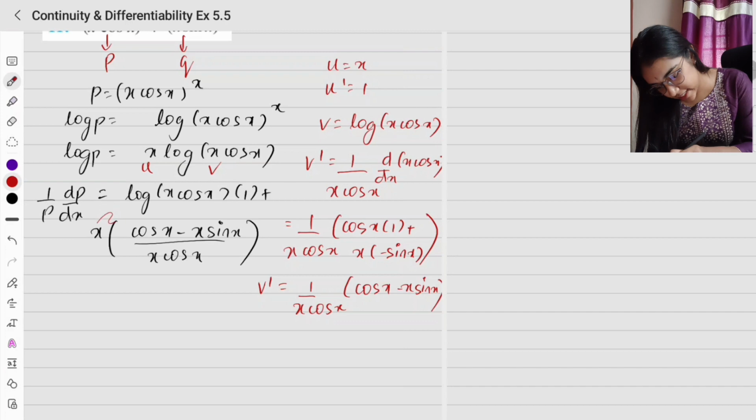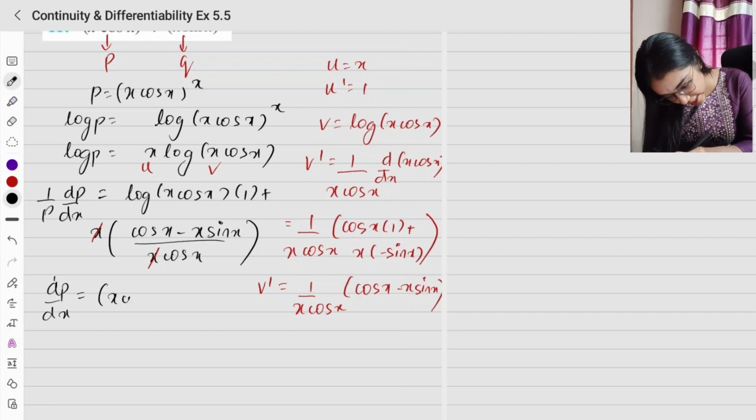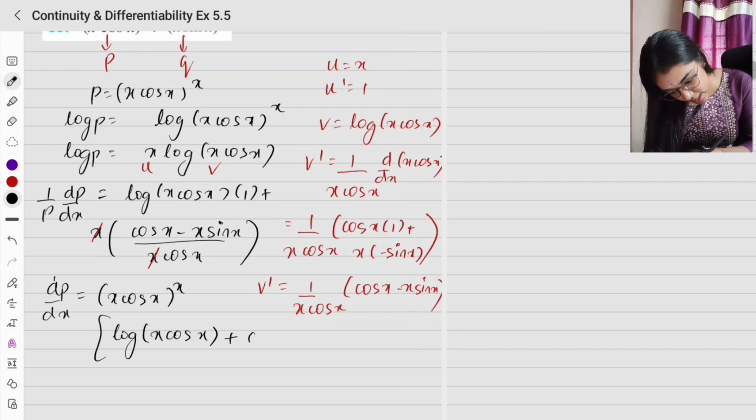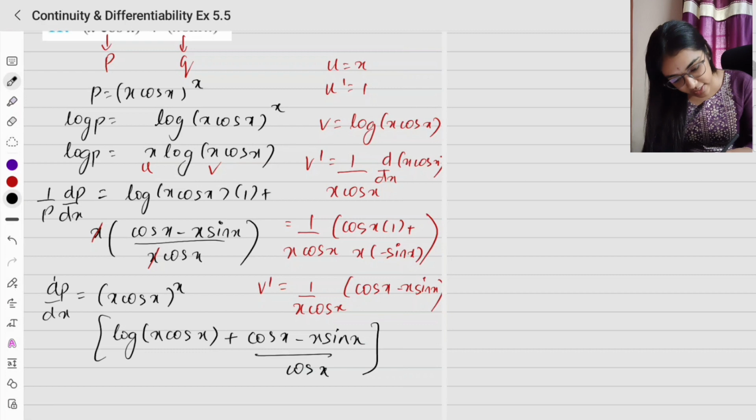So the x and the x get cancelled. So what is my dp by dx? Equals p, which is x cos x to the power x, times log of x cos x plus cos x minus x sin x divided by cos x. This is my dp by dx.